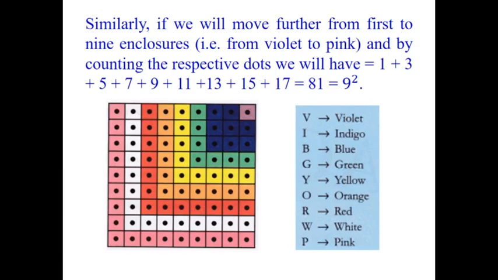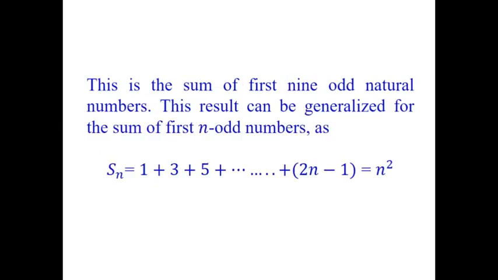So here we have taken the sum of first 9 odd natural numbers. So their sum will be 9 square, or 81.